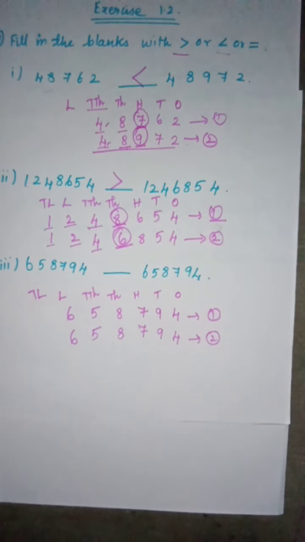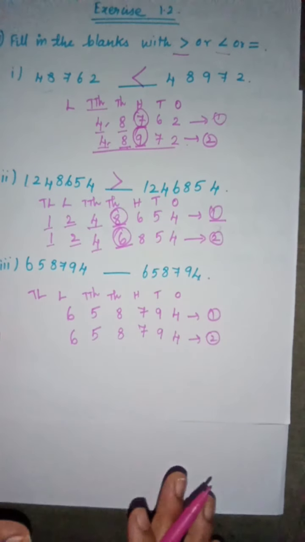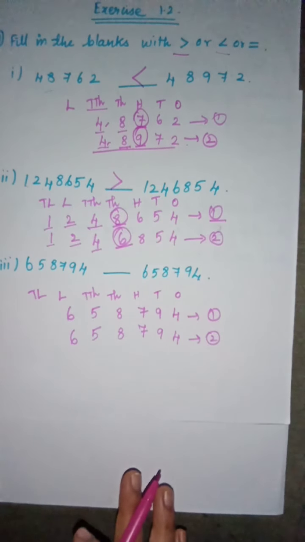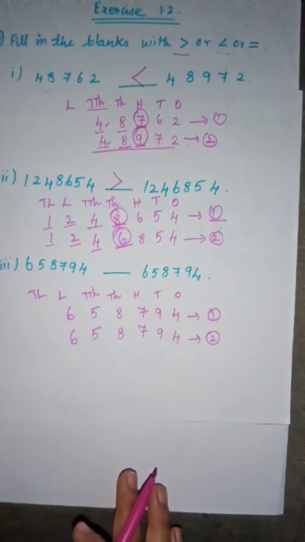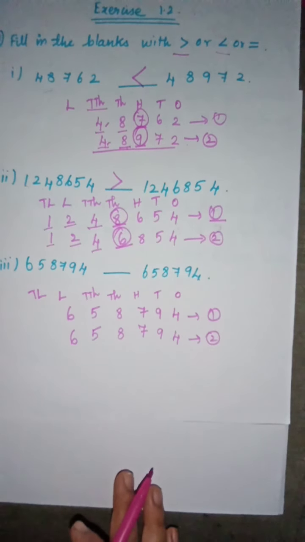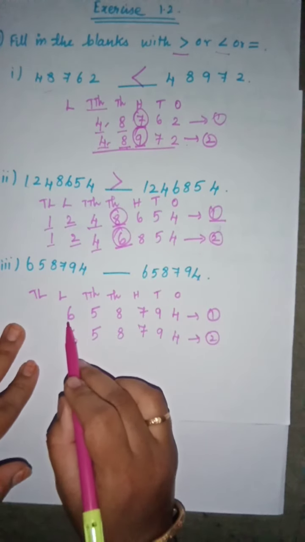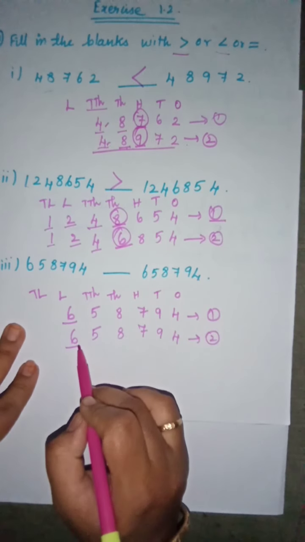Next step is we have to see the place value chart. Both the place values are equal, that is, both are in lakh. If both are in lakh, we have to jump to the next step, that is, we have to see the first digits of the two numbers. While seeing it, here 6, here 6, same.